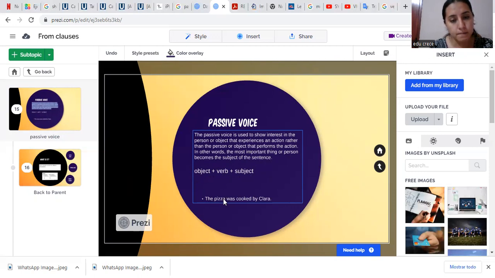So the pizza is the object, was cooked is the verb, by Clara. In this case, the person that performs the action comes last, and the most important thing becomes the subject of the sentence.